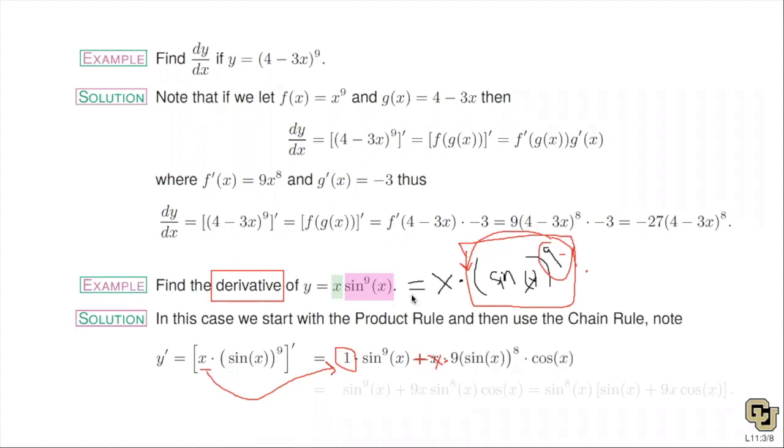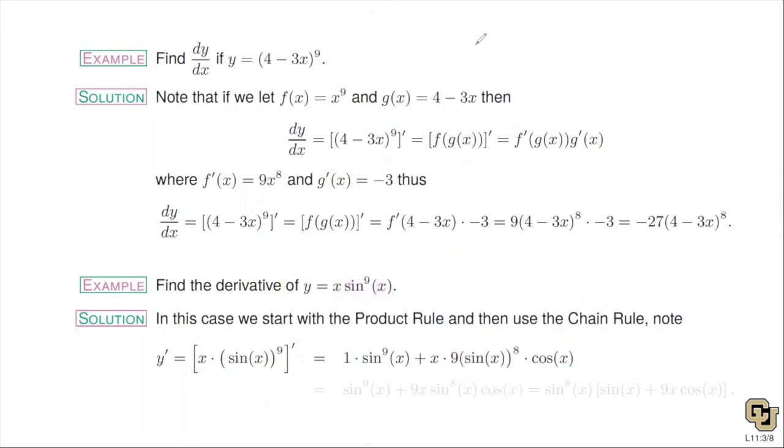So here I have plus x, and this part is my derivative of blah raised to the 9th, where I'm ignoring what's on the inside. You bring down the 9, subtract 1 from the exponent, just copy down. Times, so that was the derivative of the outside. Now I have to do the derivative of the inside, which is just the sine of x part. That's the inside function, and I've memorized that the derivative of sine of x is cosine.